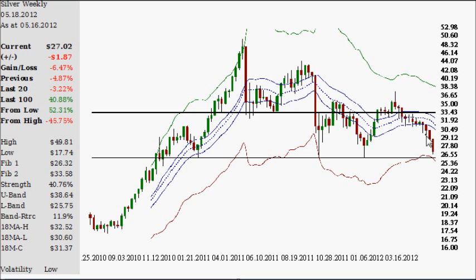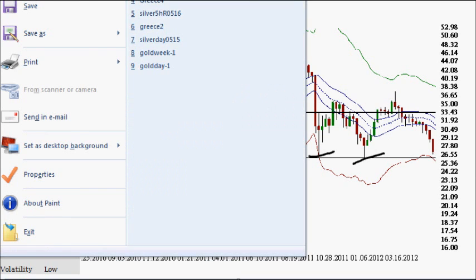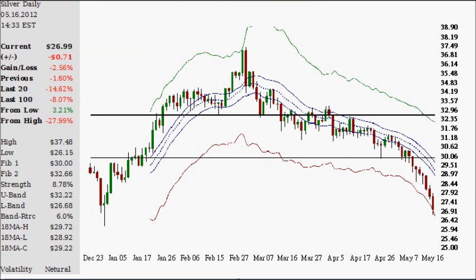Instead, it has been plummeting towards the downside, pretty much having a test of this level of 26 and a third. We managed to move up to about 26 and 2/3 as the low for today. If we move this on to the daily chart, the Bollinger Bands, which is not a Bollinger Band, it's a lower band.